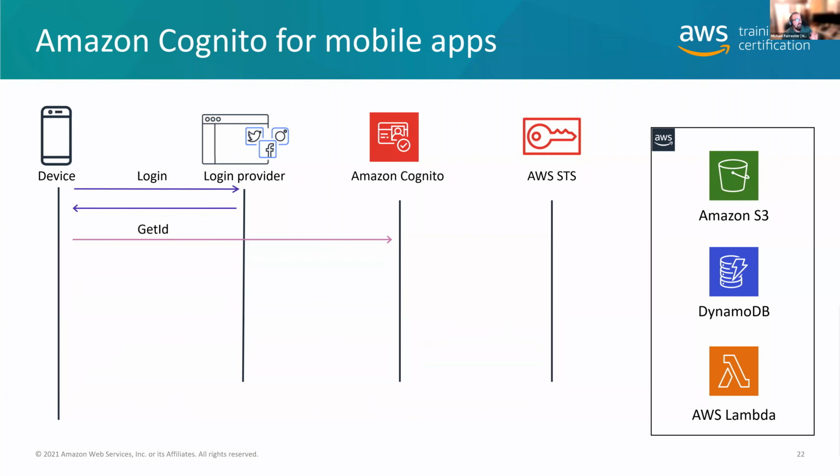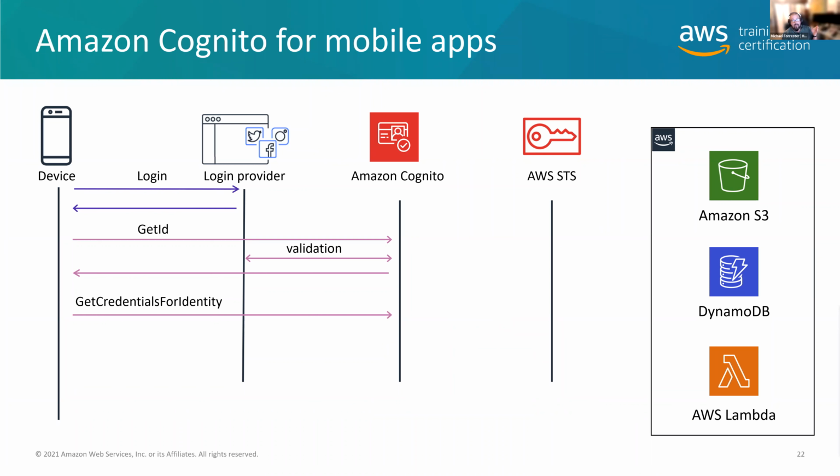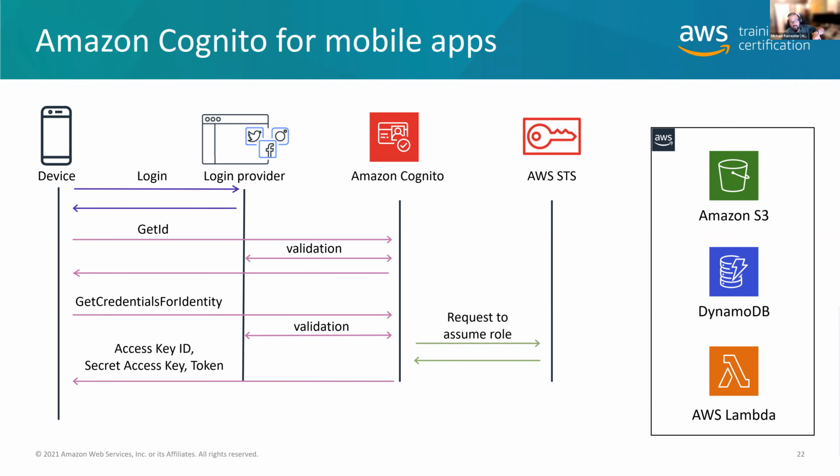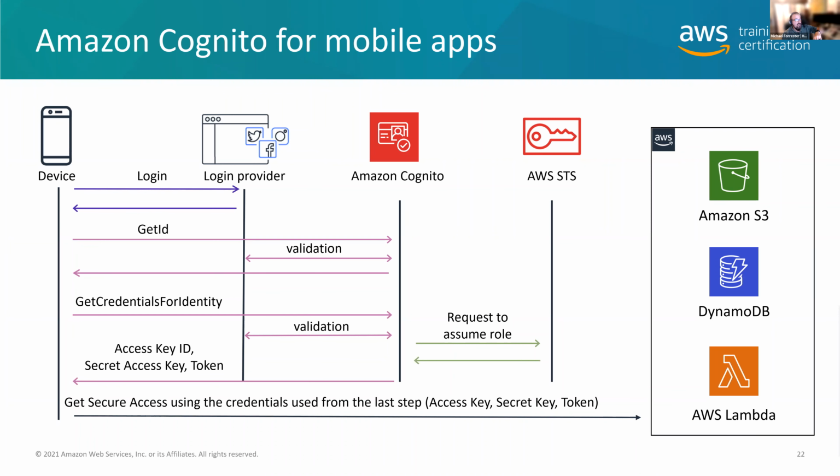So federate with your third party first, talk to Cognito, validate that the identity is real, then ask for some credentials to get access to AWS, and then return those credentials back to the end role. And then you basically get secure access from that point from the access and secret key and the token.